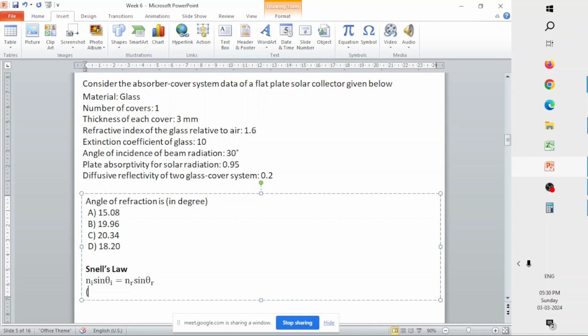So Ni, that is your refractive index of the incident medium, 1, times sine of theta I, that is your angle of incidence, which is given as 30 degrees, is equal to Nr, that is your refractive index of the medium where the light is getting refracted, which is your glass, given as 1.6 times sine of theta r.